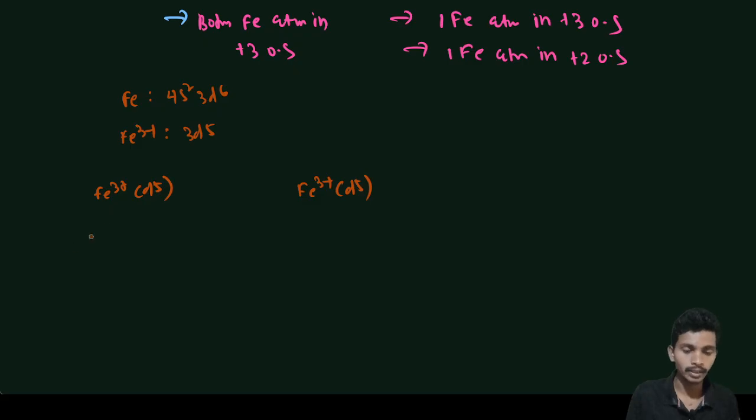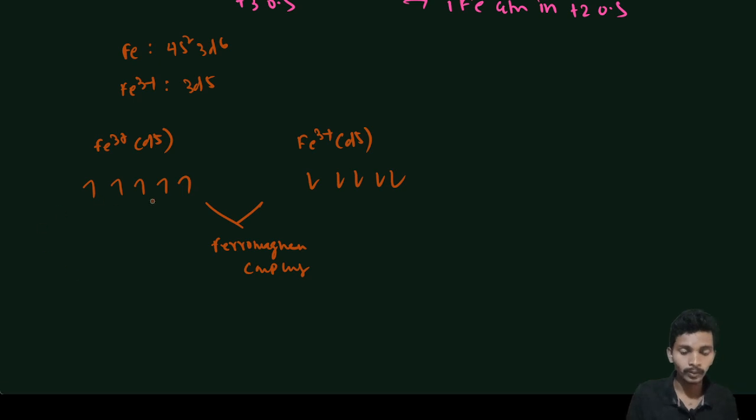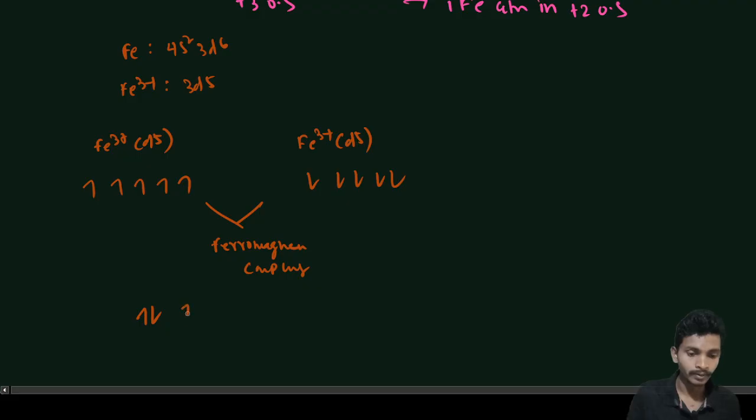So here d5 means I will draw 1 2 3 4 5. Whenever you do the antiferromagnetic coupling, we will study in detail about this coupling in higher inorganic spectroscopy. If you do that, then everything will be paired.